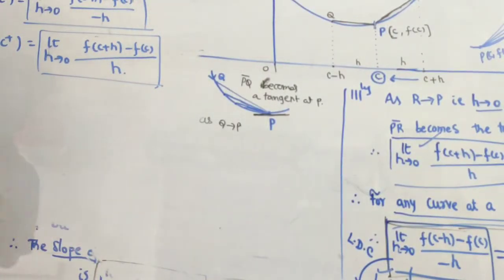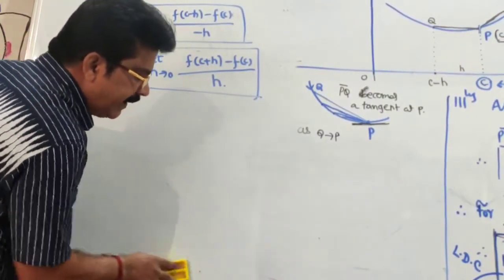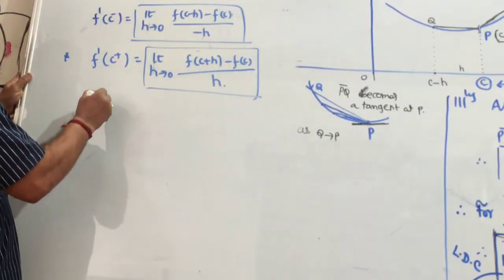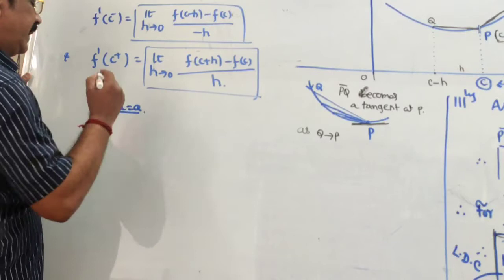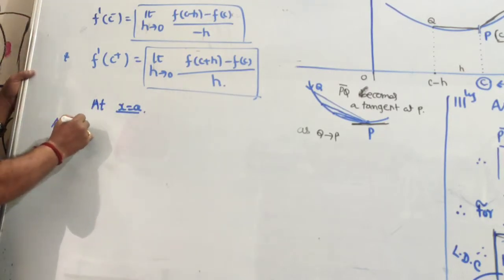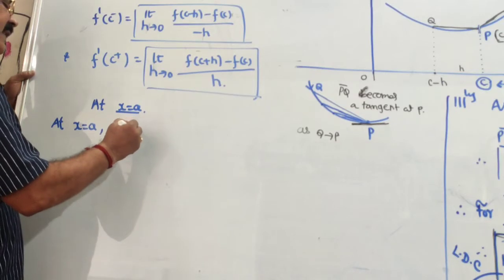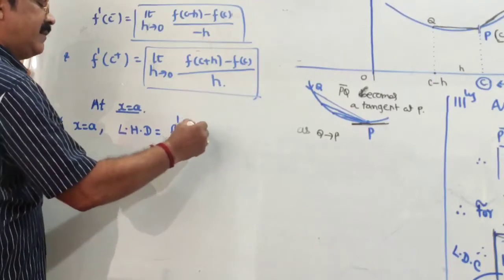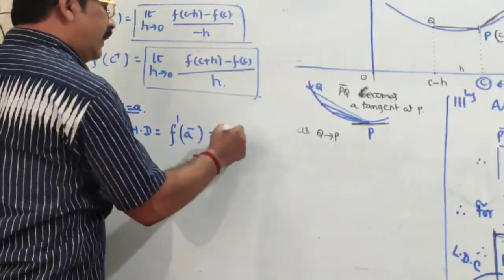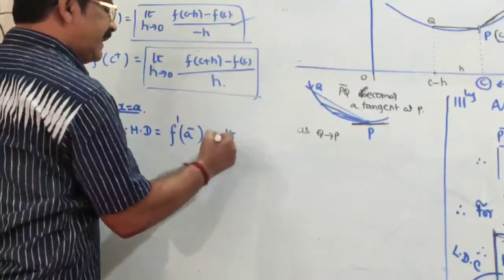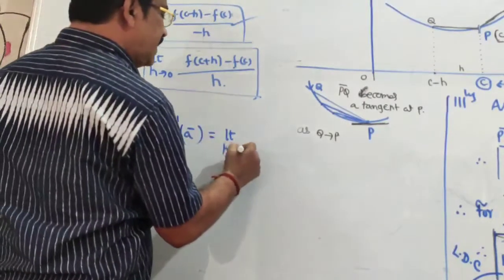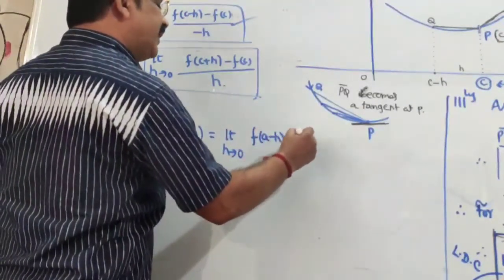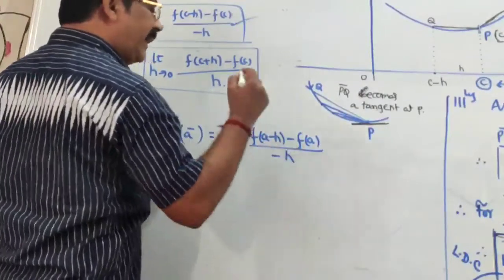In general, at x equal to a, we can discuss the differentiability of the given function. At x equal to a, LHD, left hand derivative, has the notation f dash of a minus, which is equal to limit, according to this, just writing small a instead of c, h tends to 0, f of a minus h minus f of a divided by minus h.